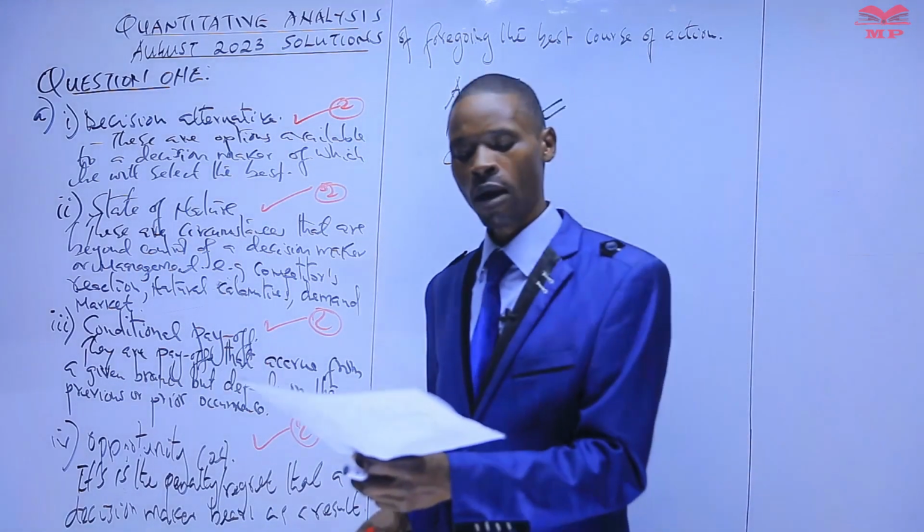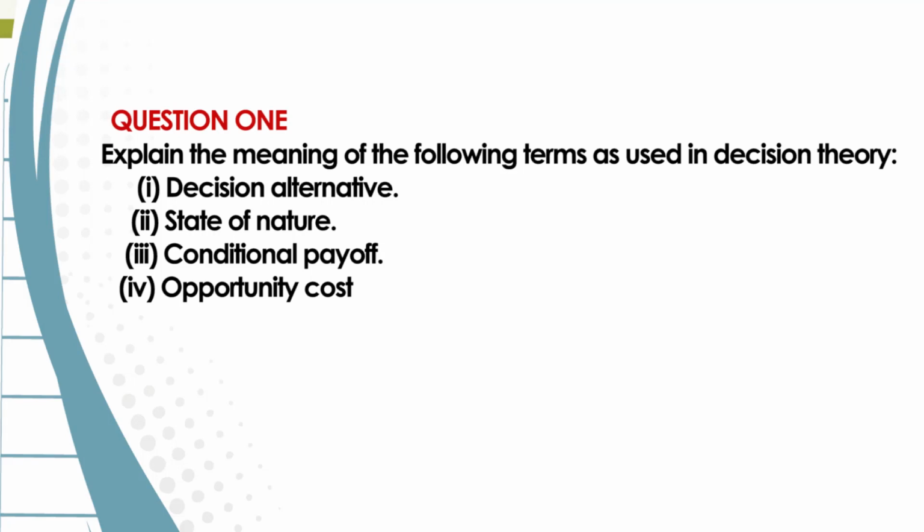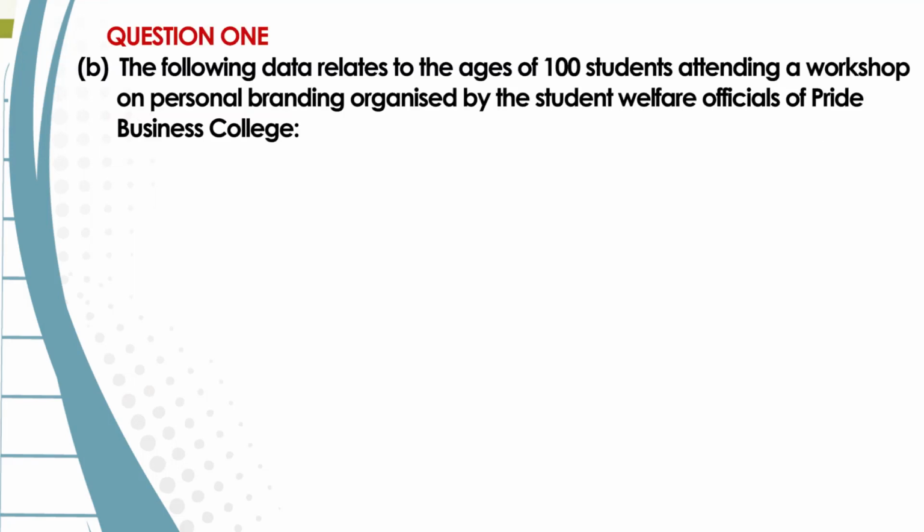Now let's look at part B. Part B, you are told there, the following data relates to the ages of 100 students attending a workshop on personal branding organized by the student welfare officials of Bride Business College.